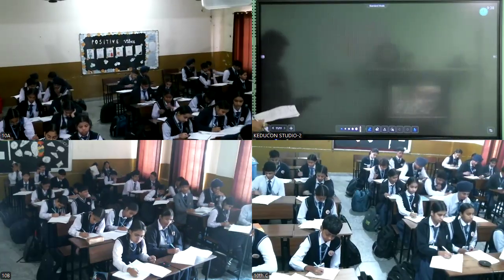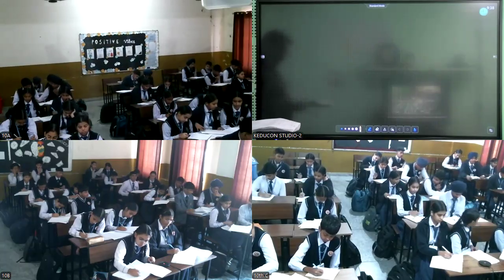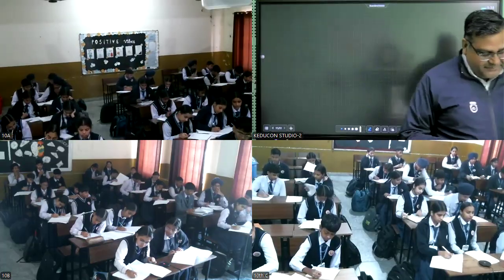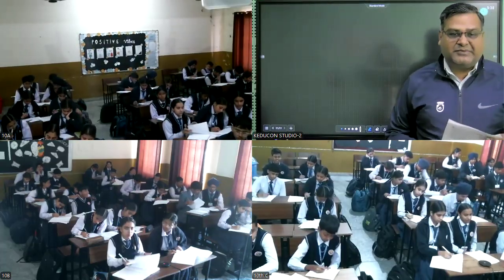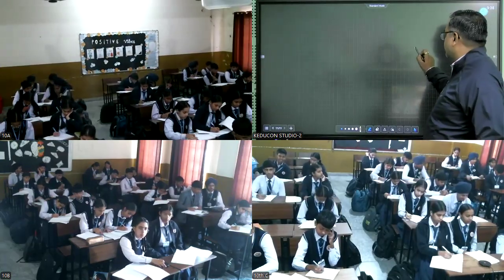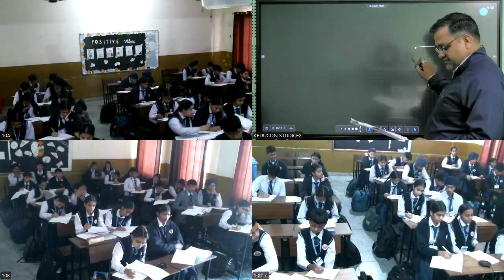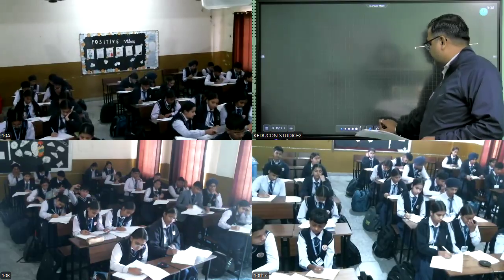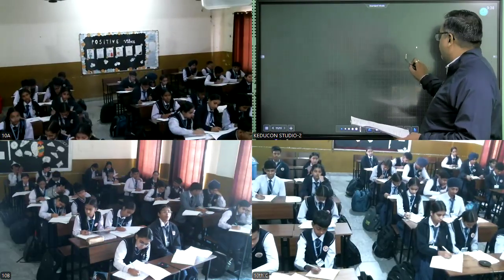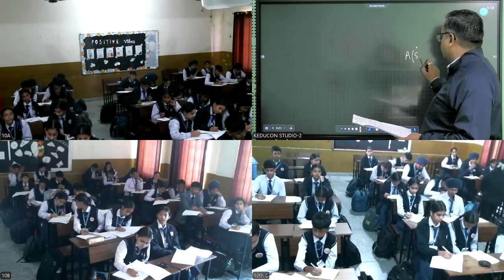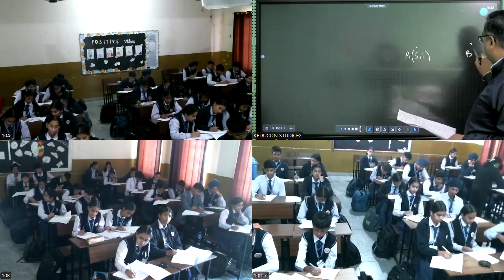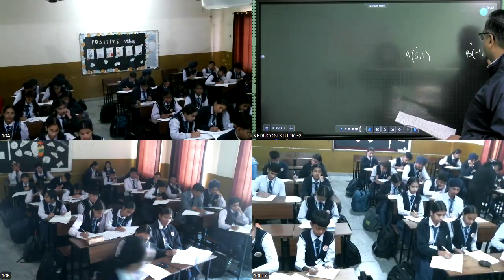Next is: if P, that is h comma y, is equidistant from A and B, then we have to develop the relation between x and y. See students how to do this question. There are 2 points. One is A, that is 5 comma 1, and another is B, which is minus 1 comma 5.